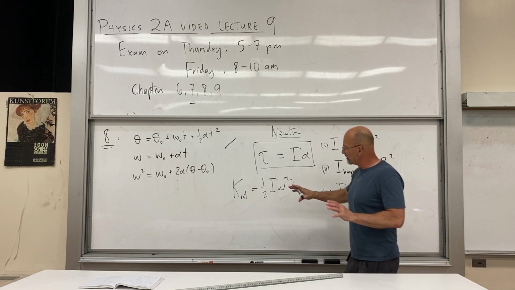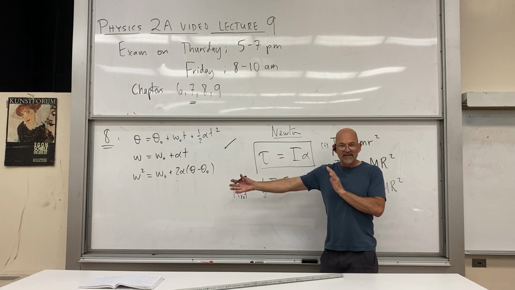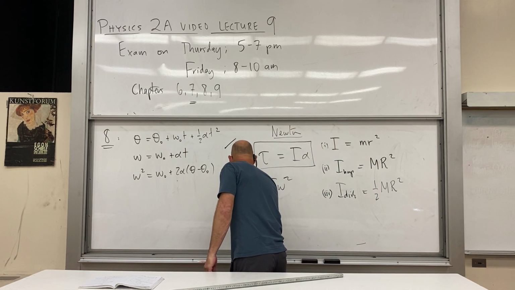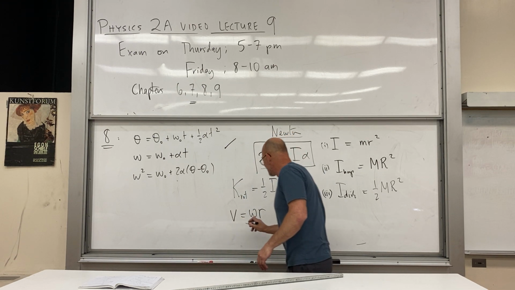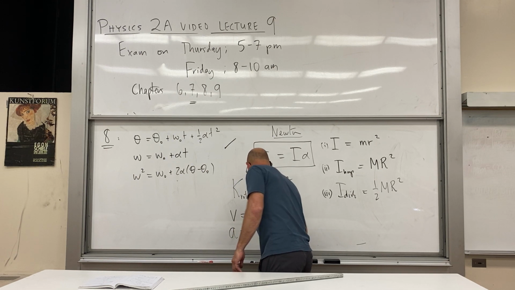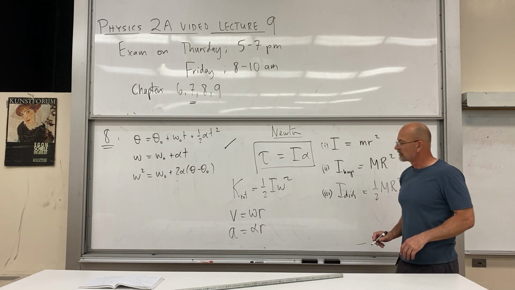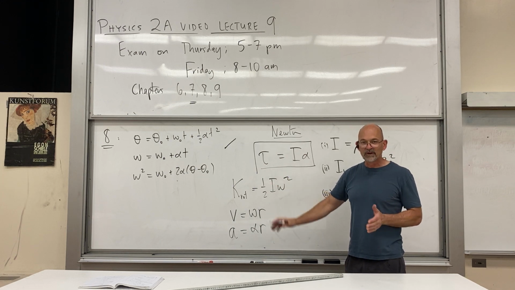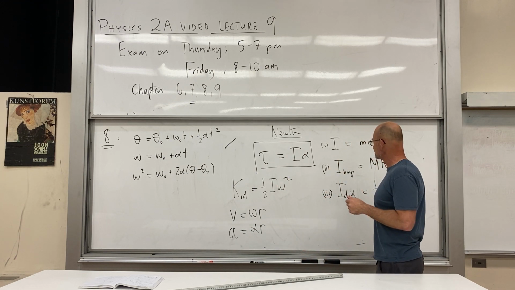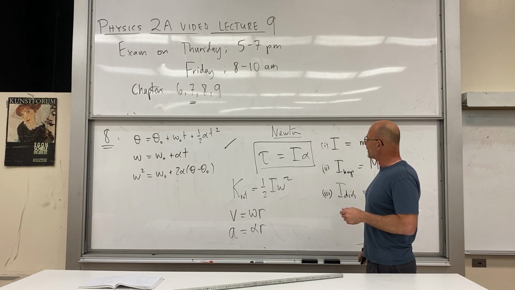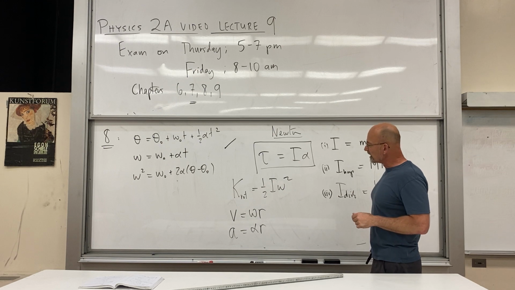And in order to incorporate rotation and translation, we had to be able to use the translational speed is omega times the radius. Translational acceleration is alpha times the radius. For the exam, you could be assembling these kind of formula sheets just so you have them when you need them. Or we can look them up at the time, whatever works best. So those are the aspects of the formalism.